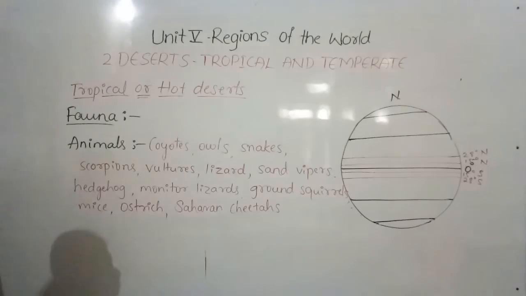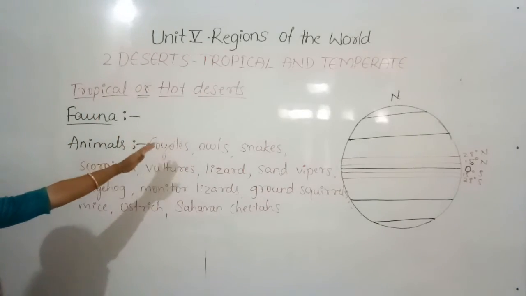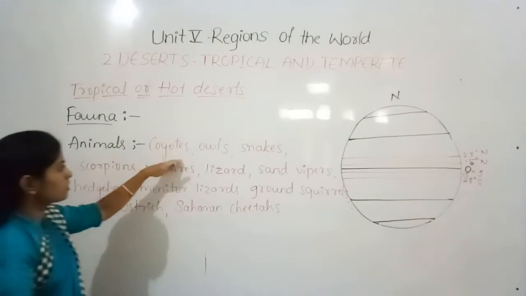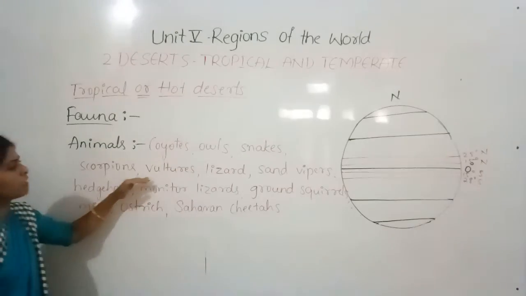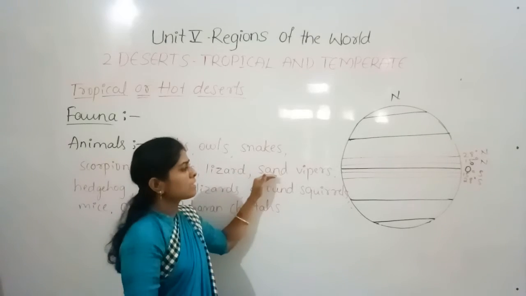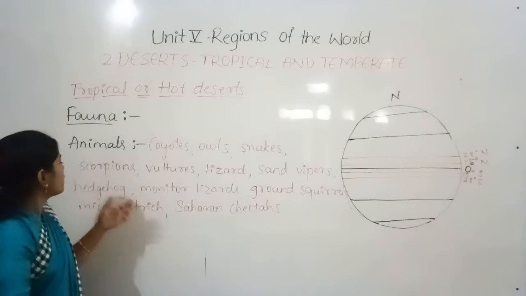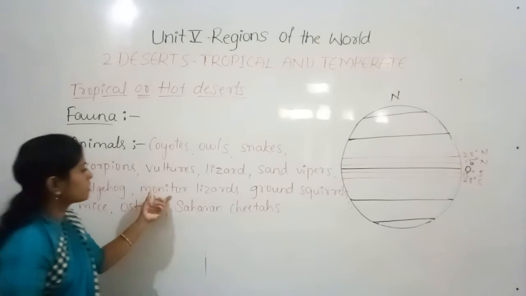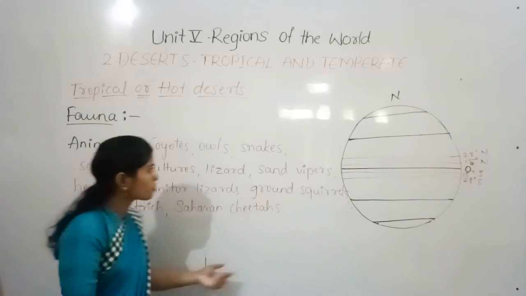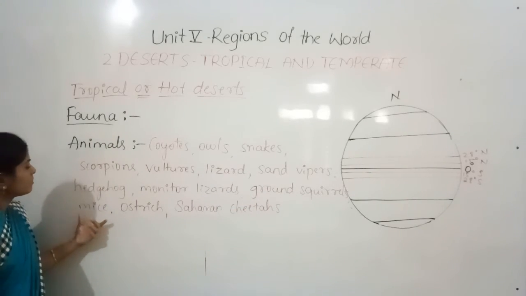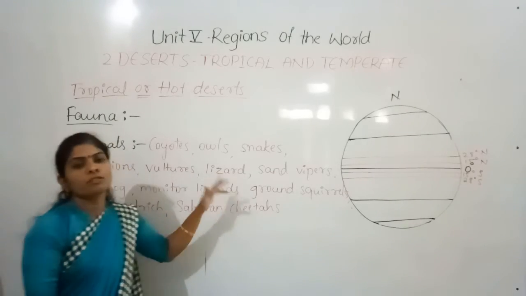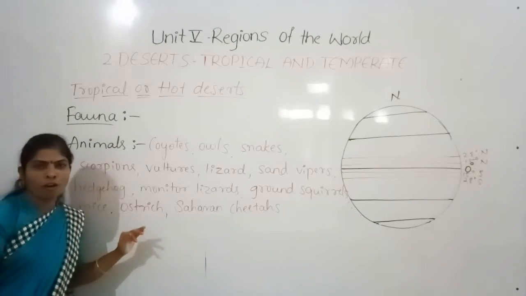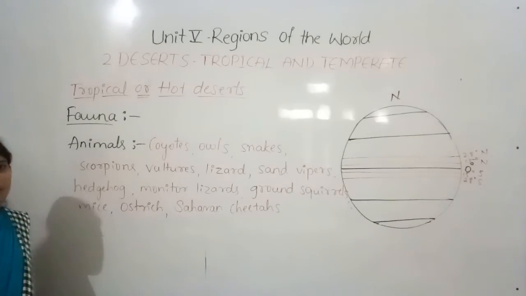So these are some animals which we can find in the tropical or hot deserts: the coyotes, owls, snakes, scorpions, vultures, lizards, sand vipers, hedgehogs, monitor lizards, ground squirrels, mice, ostrich and Saharan cheetahs.